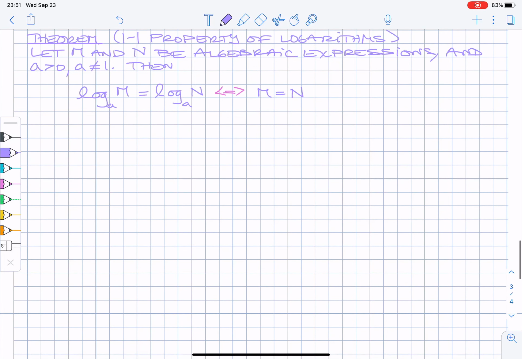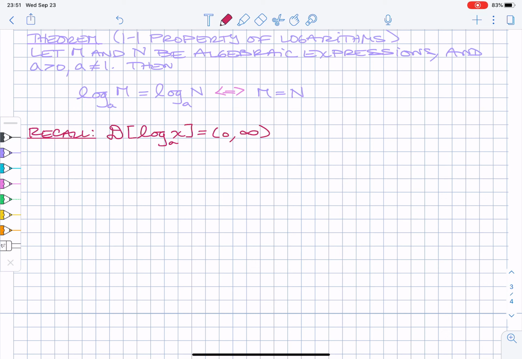And let's also recall something about the domain of a logarithm. So recall, the domain of log base a of just x is positive. That is strictly larger than 0.